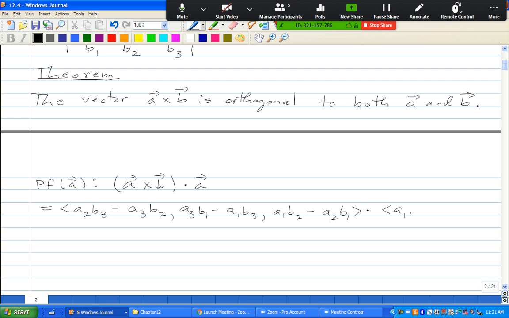I will dot that with A1, A2, A3. Multiply the first component by A1: A1 A2 B3 minus A1 A3 B2, plus, multiplying the second by A2: A2 A3 B1 minus A1 A2 B3, plus, multiplying the last by A3: A1 A3 B2 minus A2 A3 B1.